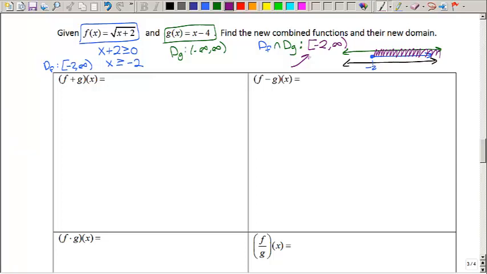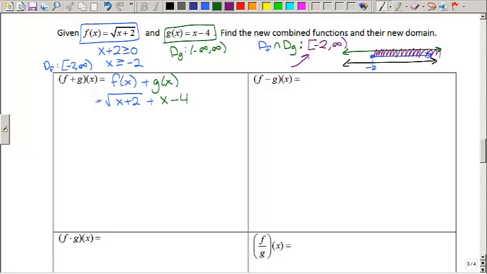Then we have to exclude any new bad values. So looking at our first problem, f plus g of x, the definition tells us we can use f of x plus g of x. My f of x function can be replaced with the square root of x plus 2. The g of x function can be replaced with x minus 4.